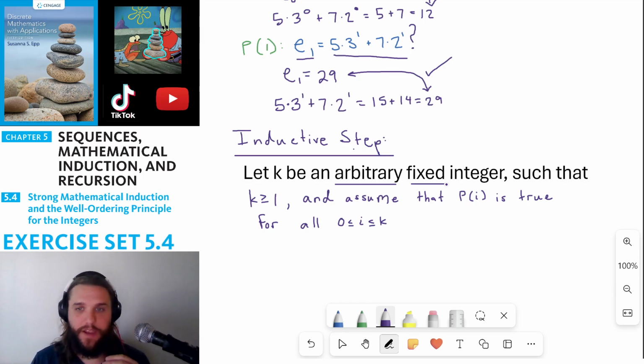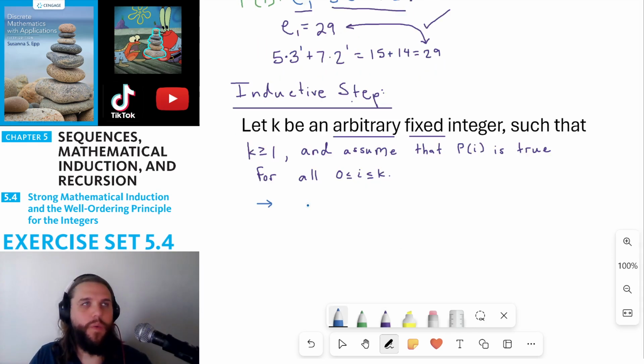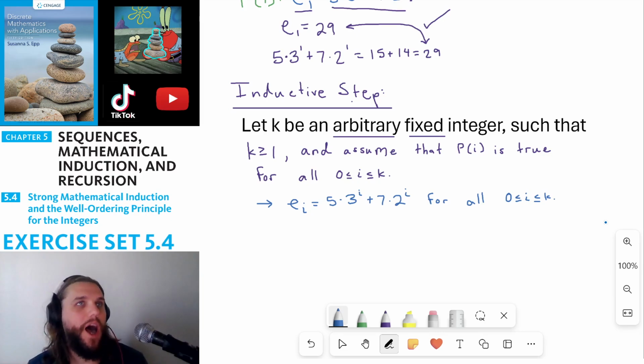We're assuming that P of i is true for all 0 less than or equal to i less than or equal to k. Let's figure out what that means. Well, we can take our predicate P of n and replace n with i. So i is sort of an index variable. i is going to tell us which of the values of P of n are true in our assumption for the inductive step.